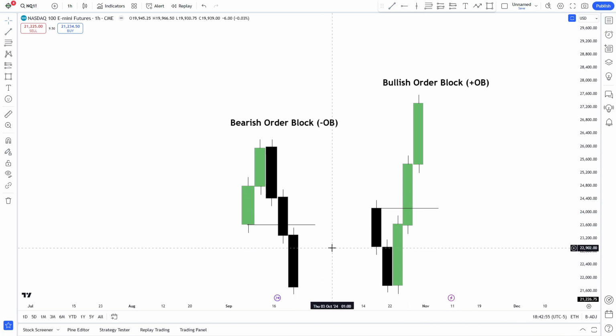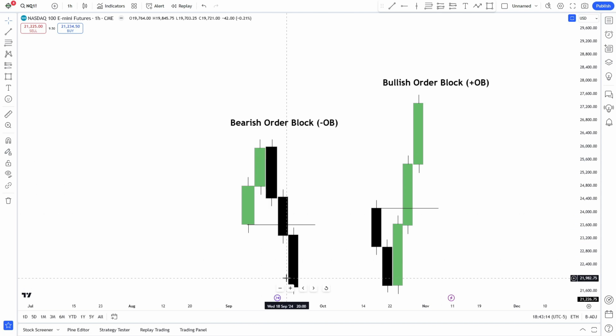Okay, so why is it called the change in the state of delivery? Because when we were going up in these two up close candles, we were delivering buy side delivery of price. However, once we go below this opening price, we have now changed the state of delivery to sell side delivery. Okay, that's why we call it change in the state of delivery.